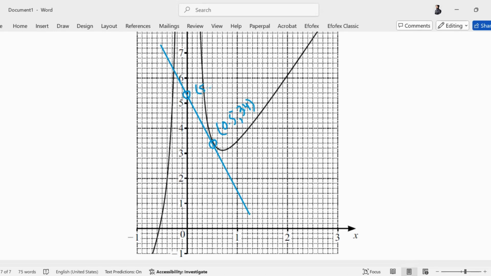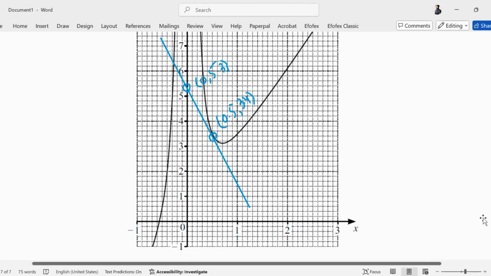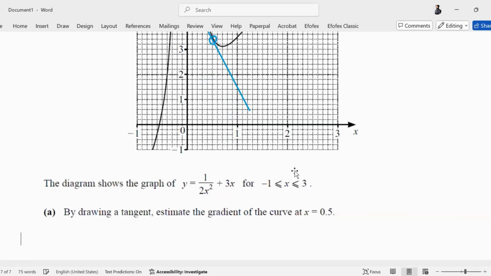The coordinates are somewhere around 5.3 to be specific. Sorry, that's the y coordinate. I have written the y coordinate first. Just rectify it. It is (0, 5.3). So now I can use these 2 points to find the gradient of the tangent, which is technically the gradient of the curve at this instance.